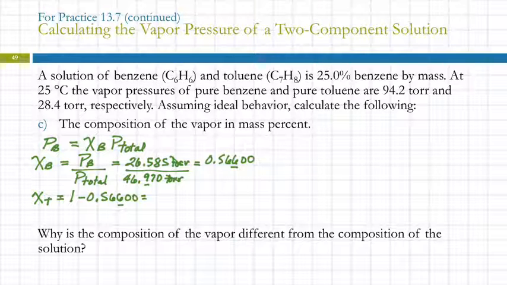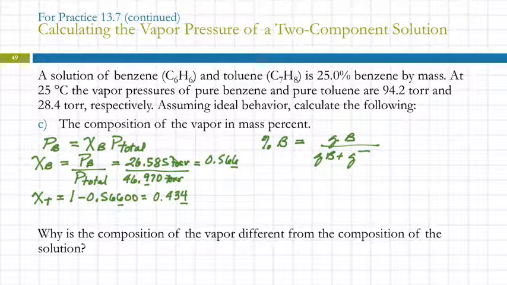So that's 0.434. Since those are zeros after that, we don't need to be writing those all over the place. So we got mole fractions. I want mass percent. So the percent benzene is going to be grams of benzene divided by grams of benzene plus grams of toluene times 100. Right?